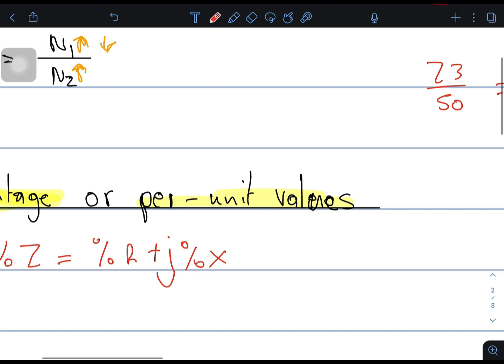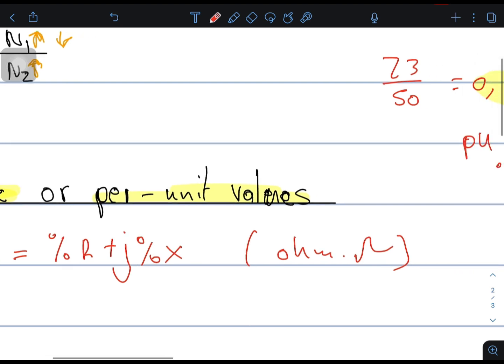Guys, never say units are ohms. If a resistance, impedance, or reactance is in percentage or per unit form, you cannot say their unit is ohms. No. If you want to put them in ohms, you must take them from the percentage value or per unit value and calculate their actual value.